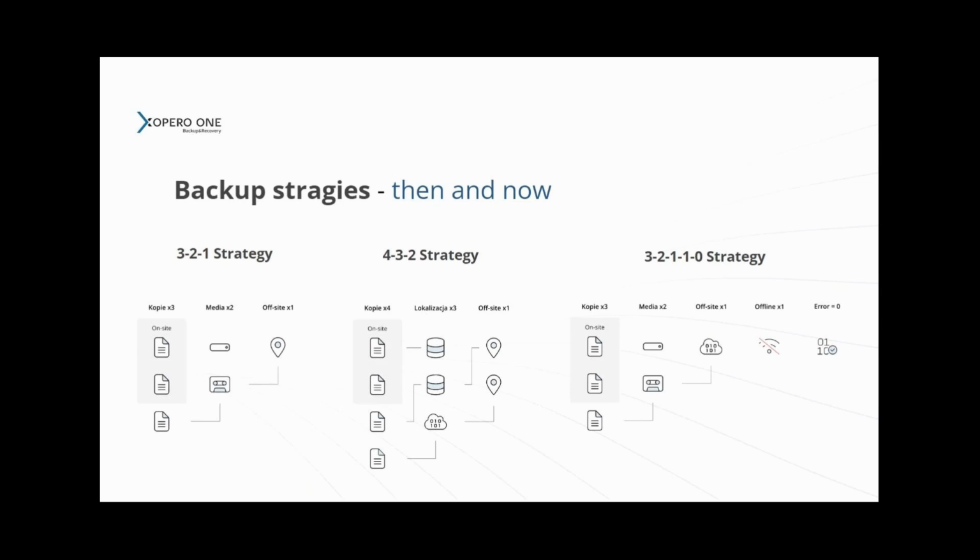Second, 2 versions of the data should be on different types of storage. 1 copy should be in a different location. 1 copy should be offline, stored in what is called immutable storage, the data provider's cloud. For example, in our case, Xopero Cloud. This strategy also implies that we should constantly make sure that the data is restorable and the media is error-free.